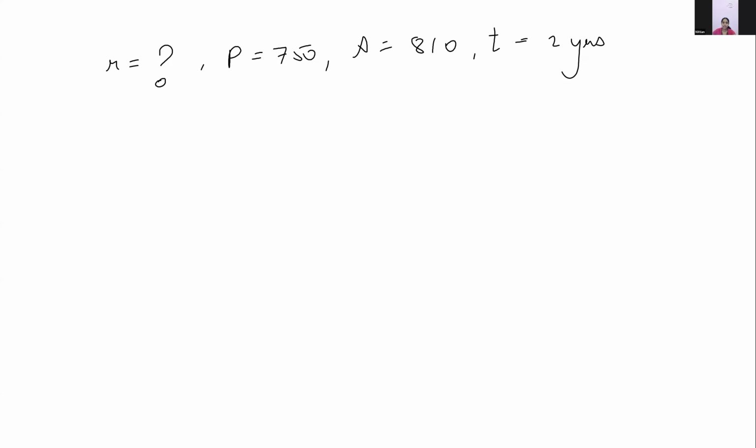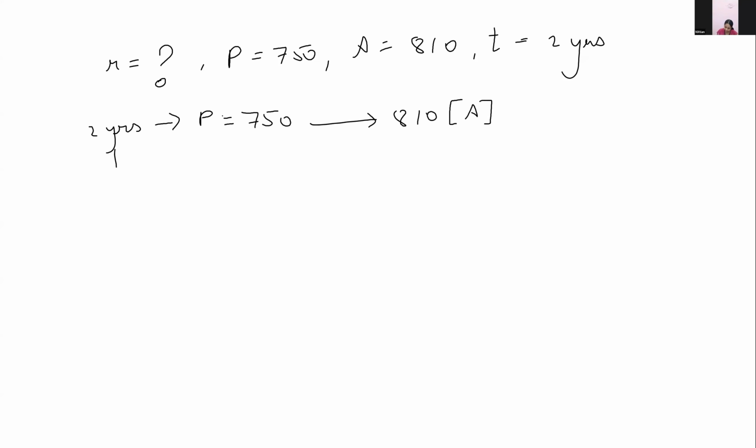Like a rate, the principal is 750. This is for 2 years. Your principal 750 becomes 810. Okay, this is the amount.